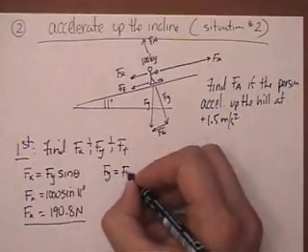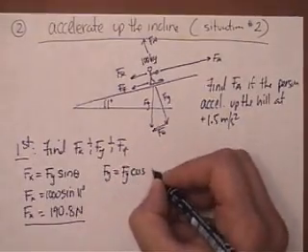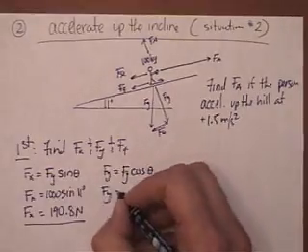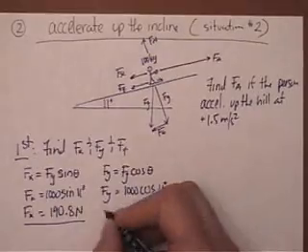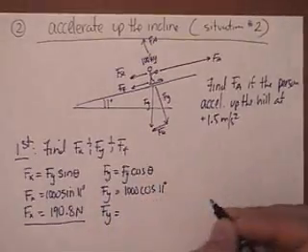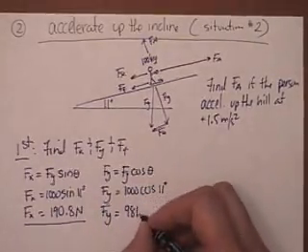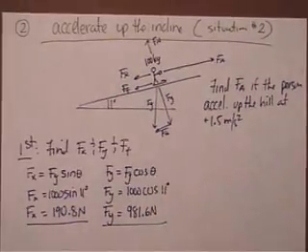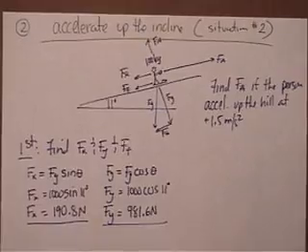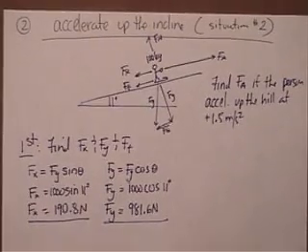My Fy is going to be Fg cosine of theta. So Fy is going to be 1000 cosine of 11 degrees. So Fy ends up being 981.6 newtons. And again, not going to be putting any signs on that.